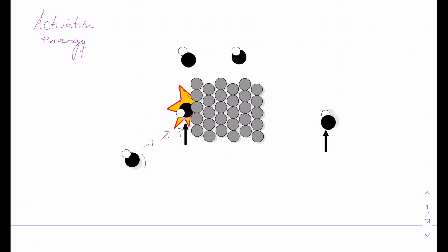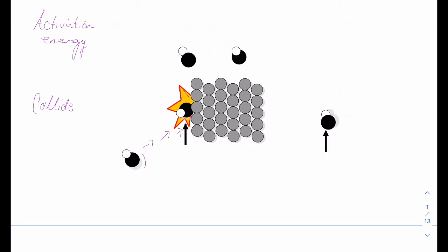So the particles collide together, and that means that a reaction has happened. So it needs to be either on the activation energy or above the activation energy for the particles to collide successfully for the reaction to happen.